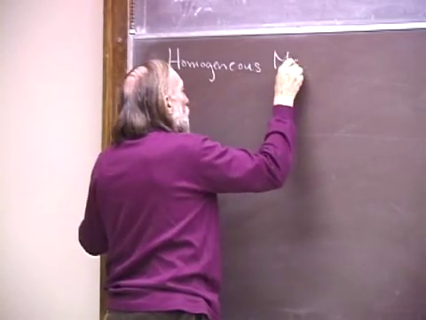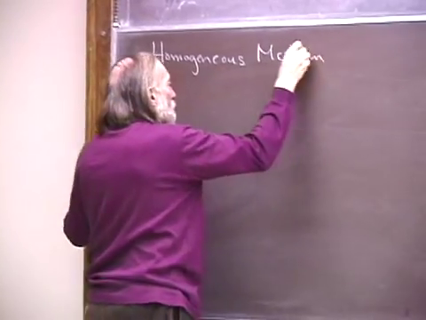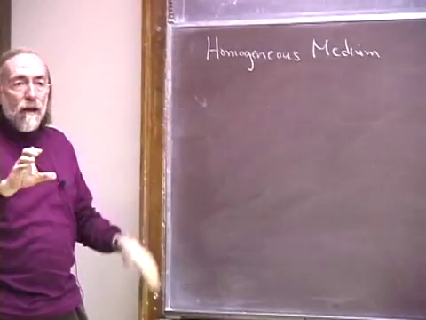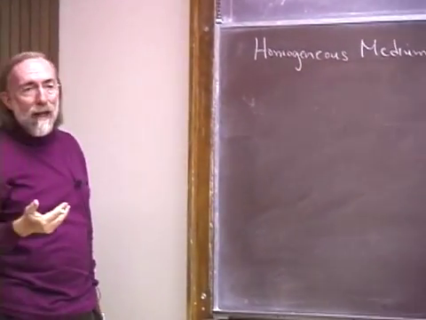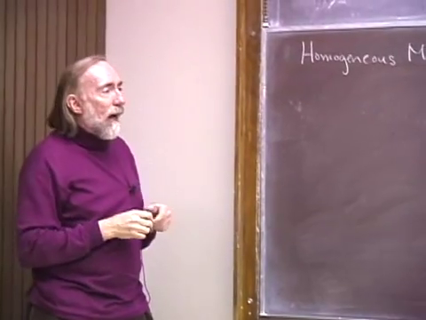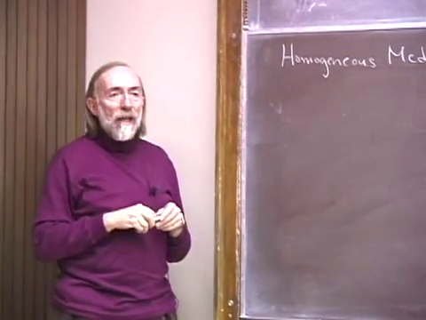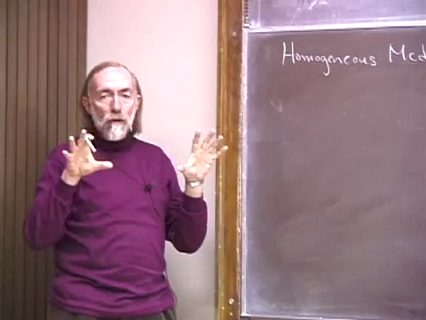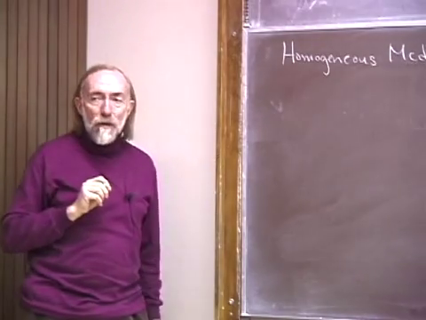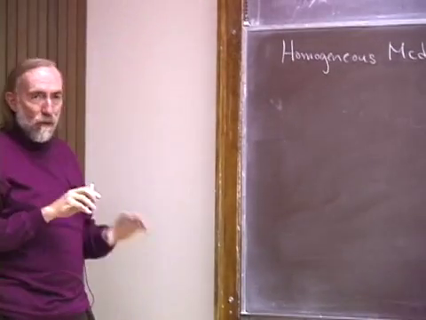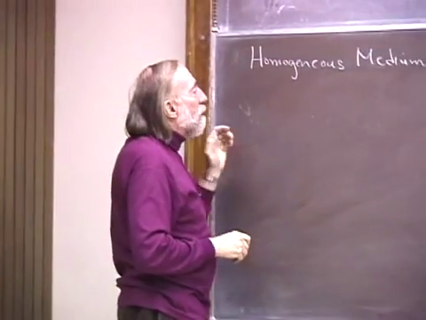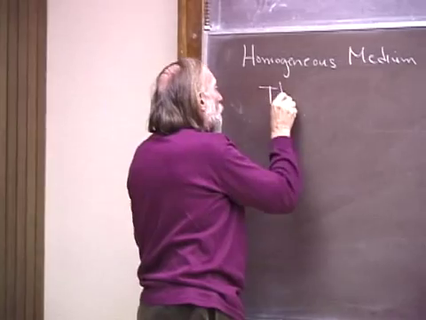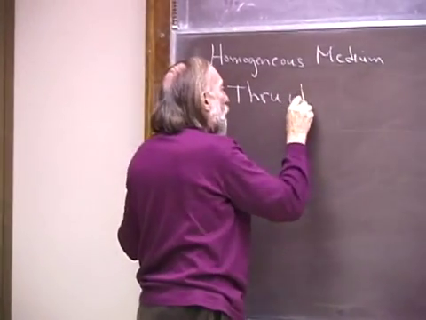The examples will be a medium just made of dust, a perfect fluid, a viscous fluid, an elastic medium, and a medium made of a cloud of neutron stars or other mechanical oscillators. So I'll go through all those examples. But this is to be a homogeneous medium through which the gravitational waves propagate.